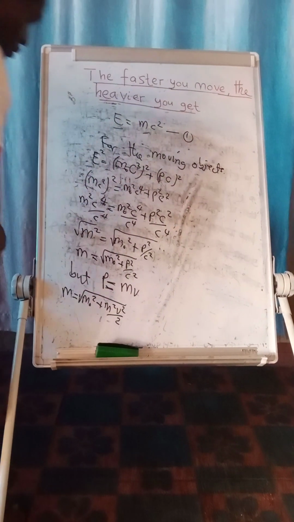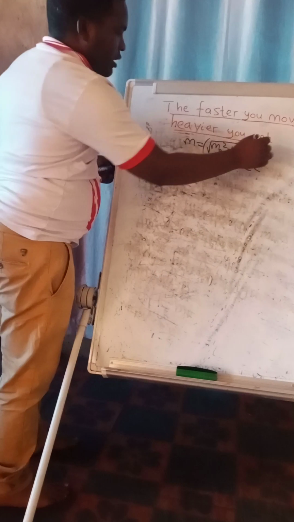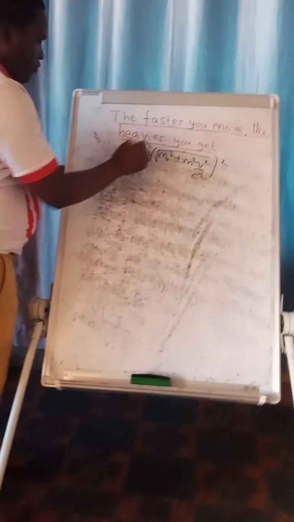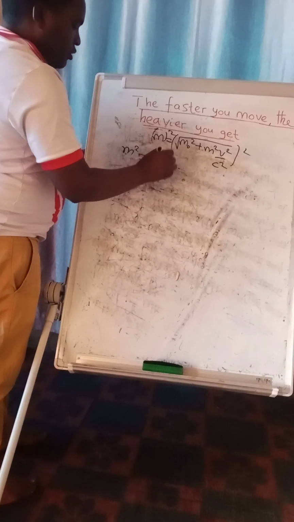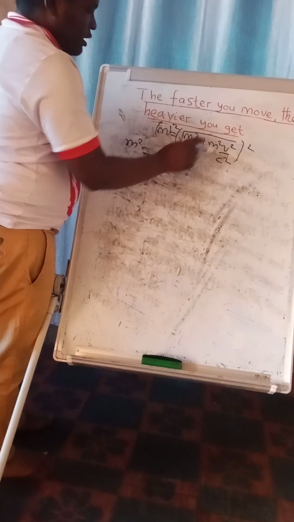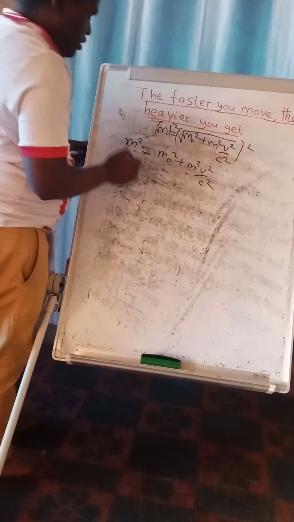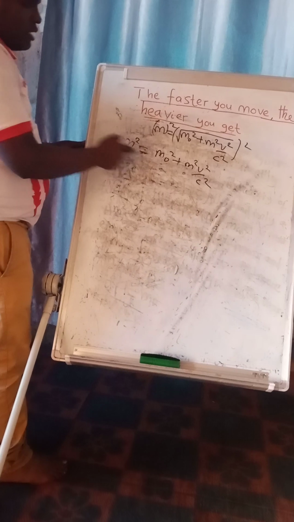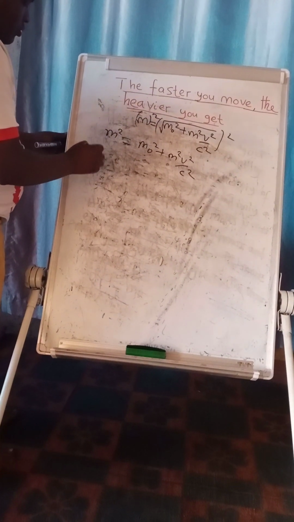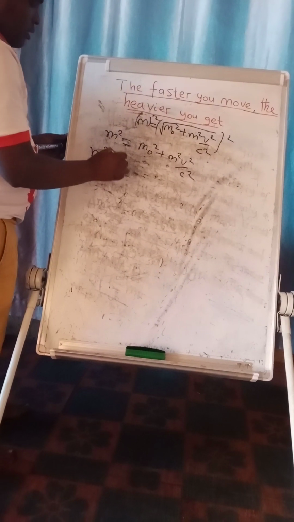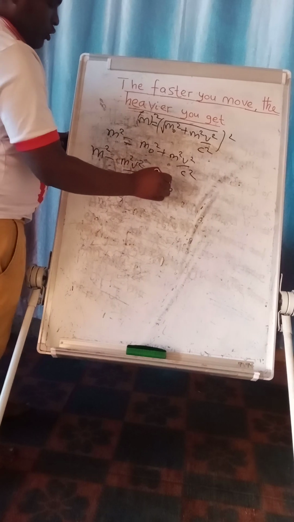Now if we square both sides, we have m square equal to m naught square, which is the rest mass, plus the relativistic mass m square v square over c square. Here there is relativistic mass on both sides. Now let us bring this to this side: m square minus m square v square over c square is equal to m naught square.